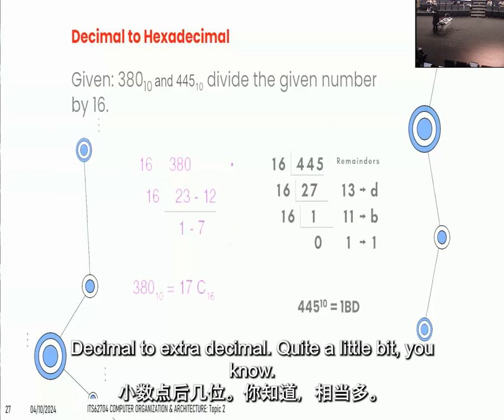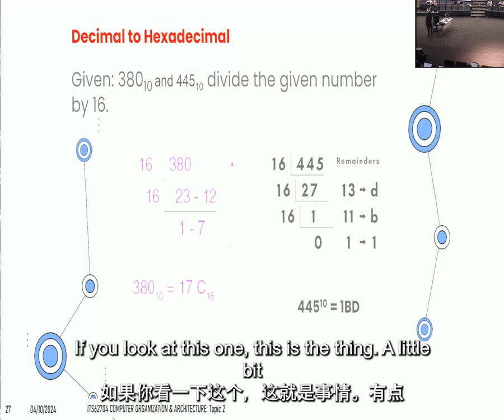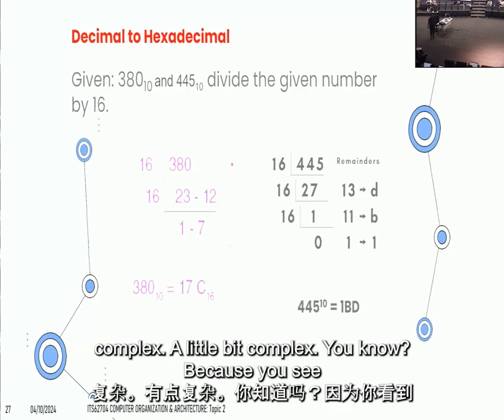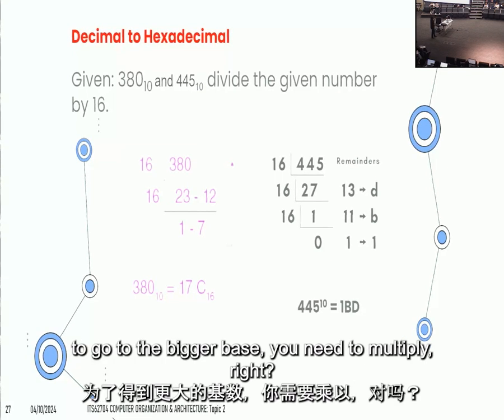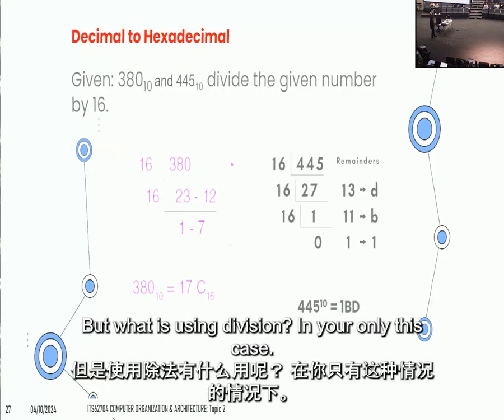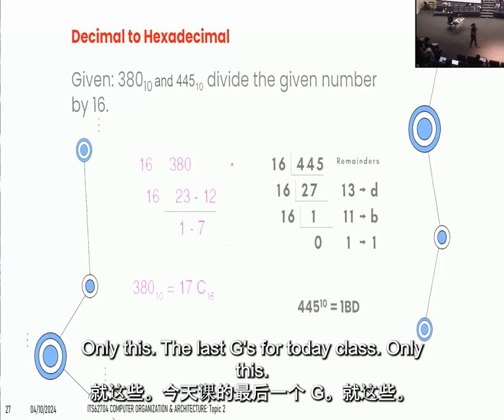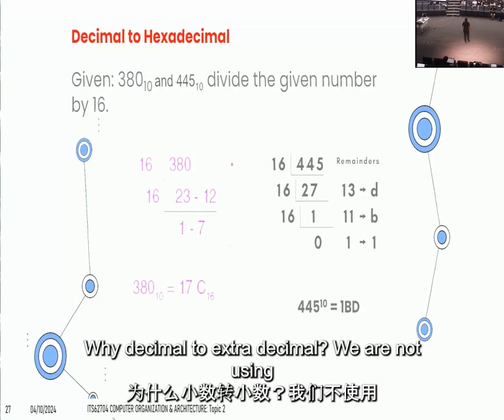Decimal to hexadecimal, we look at this one. This is a little bit complex, because you see decimal is a small base, right? I told you small base, to go to the bigger base, you need to use multiply, right? But what is using division? Only this case, the last gist for today's class, only this.